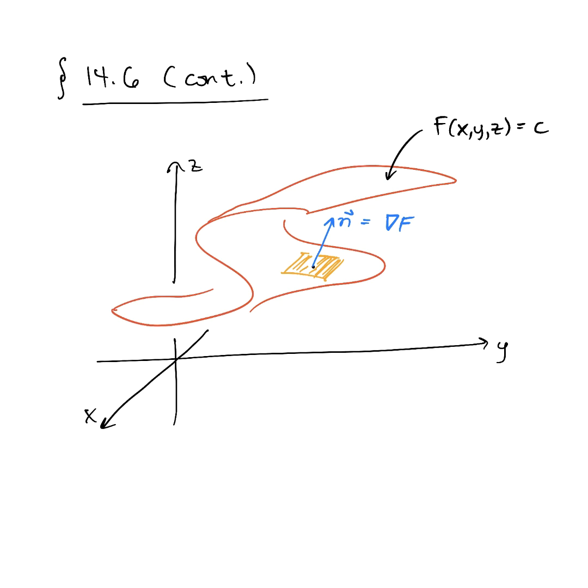So if that's the normal vector, and this is the point, say x naught, y naught, z naught, on your surface, then immediately, once you have your hands on the gradient of big F, you can write that tangent plane.